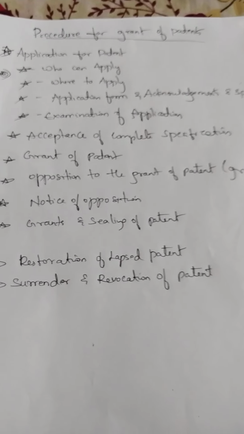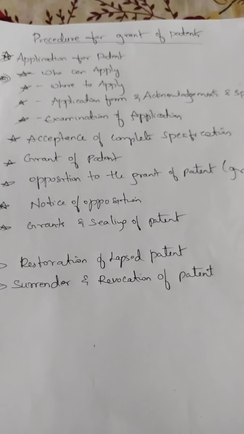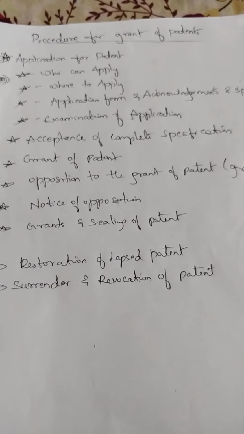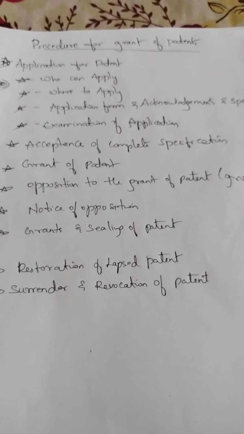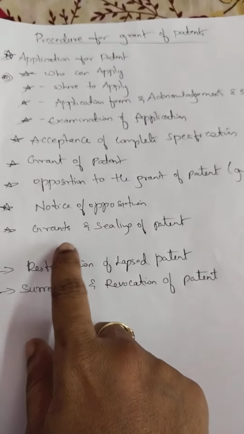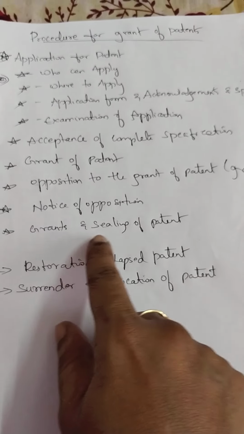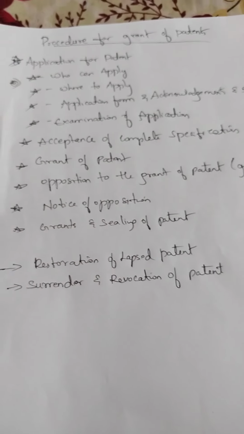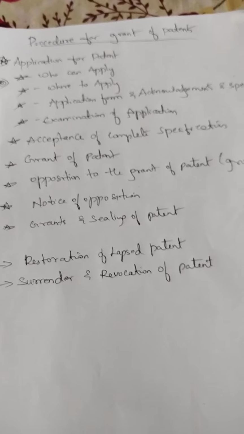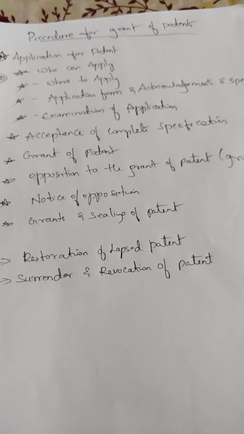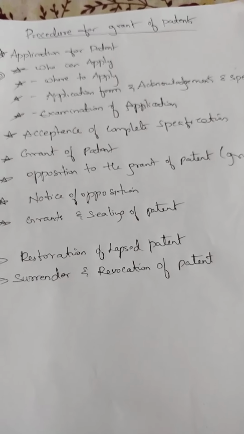Now supposing in the hearing it is found that the applicant is right, then obviously the next step is the grant and sealing of the application. So, the granting and sealing of the patent.